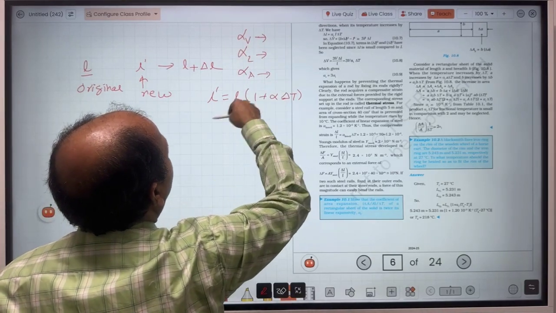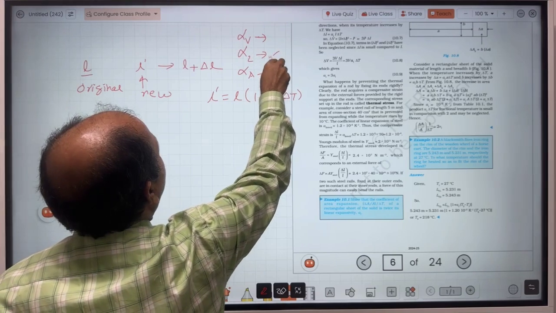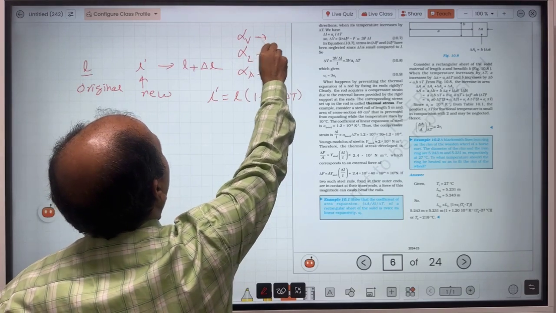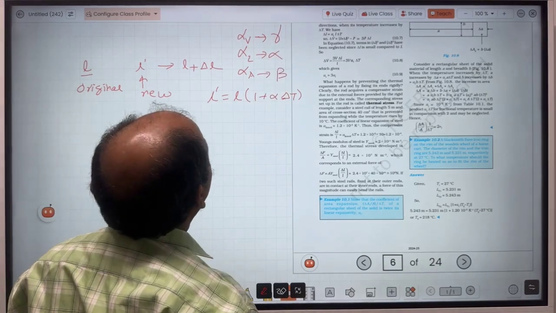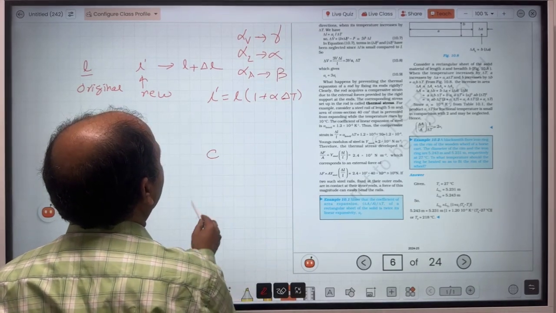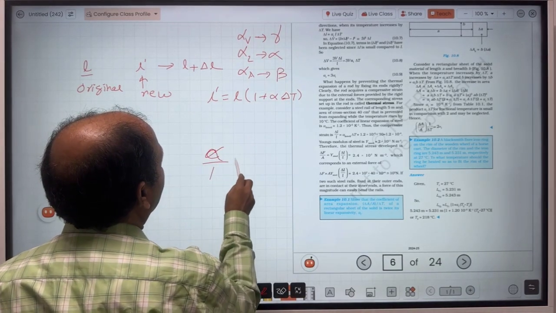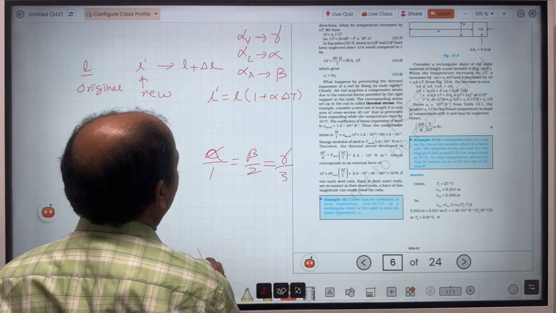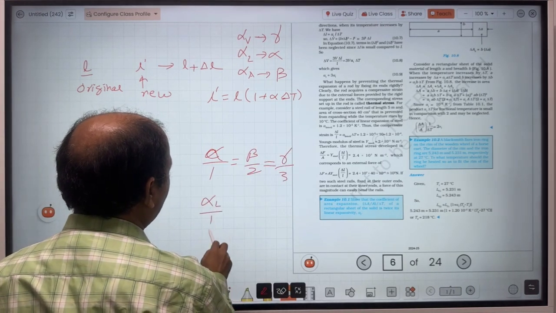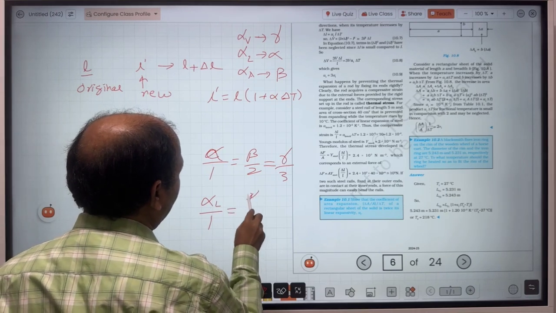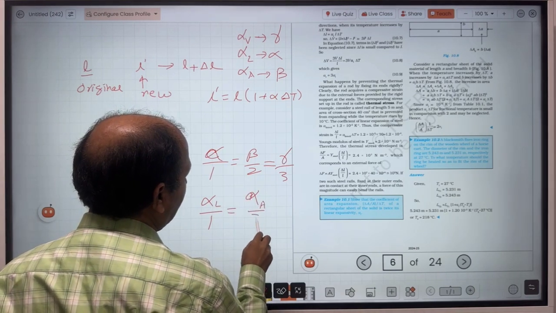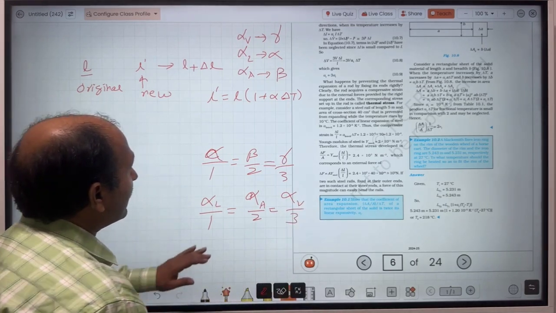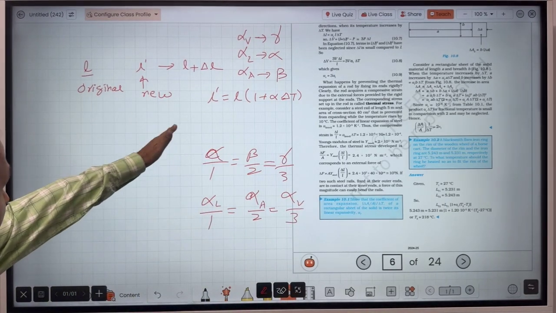But in some books you will find that alpha L is alpha, alpha A is beta, and alpha V is gamma, and they are related by the relations alpha upon 1 equal to beta upon 2 equal to gamma upon 3, or you can say alpha L upon 1 equal to alpha A divided by 2 equal to alpha V divided by 3. So these are basic relations.